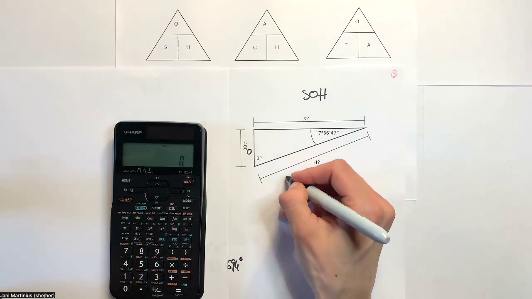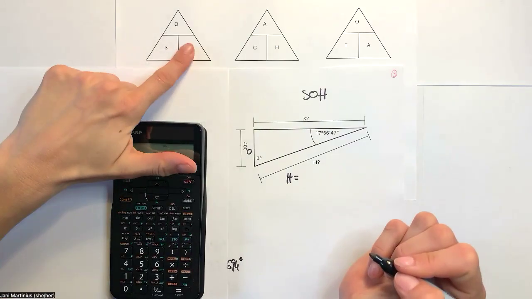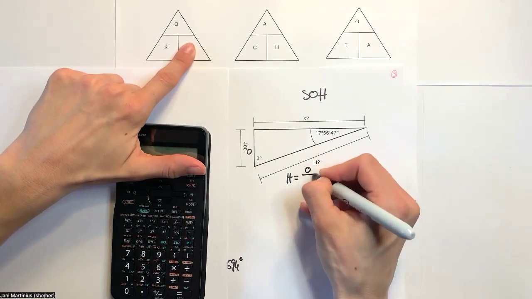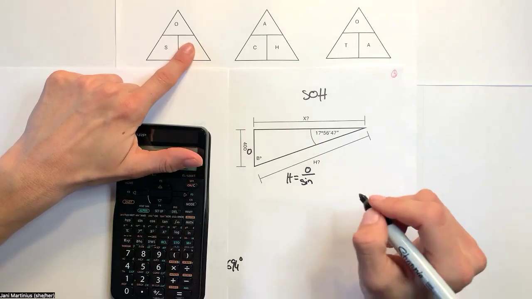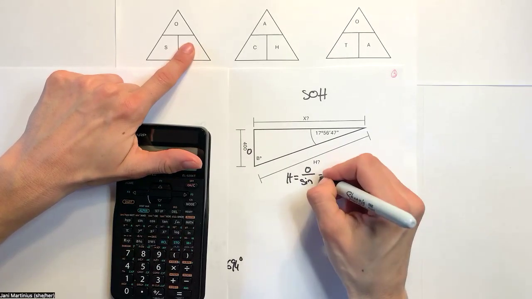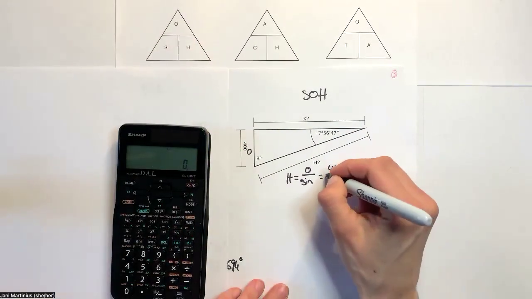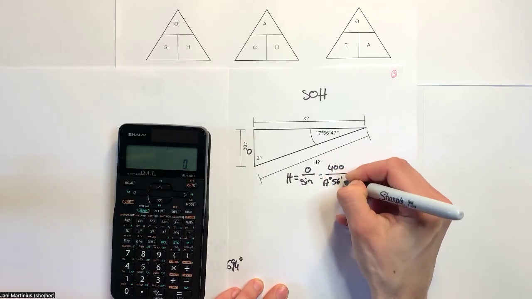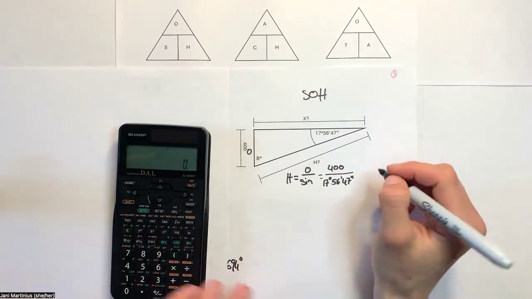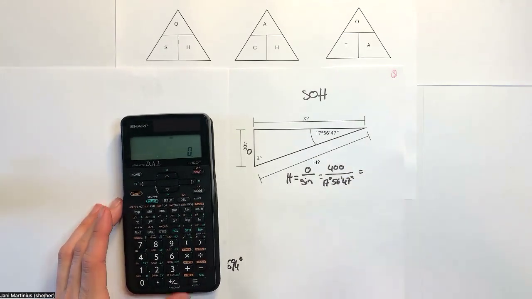So if we're going to find the hypotenuse first, we're going to block that out, which leaves us with O opposite over our sine number or our degrees. Pop that in. So 400 for opposite. And then our 17 degrees, 56 minutes, and 47 seconds, which should then spit out the length for our hypotenuse.